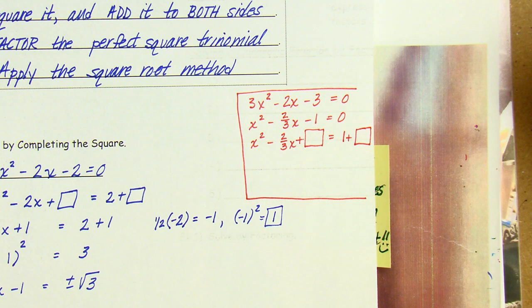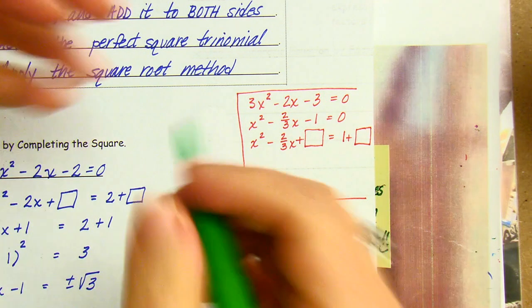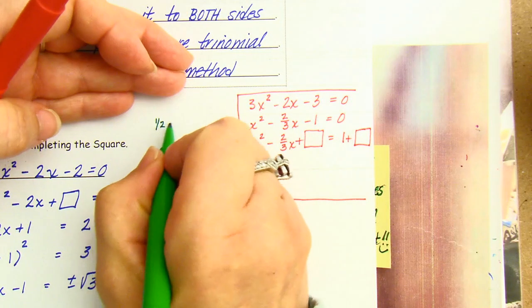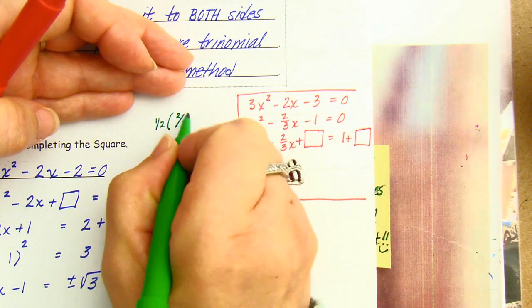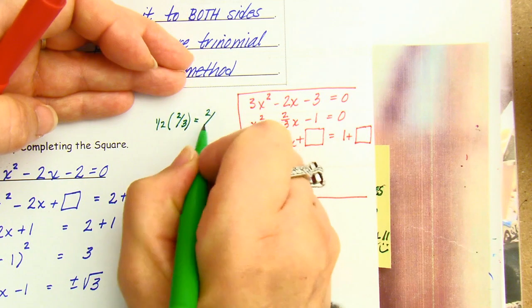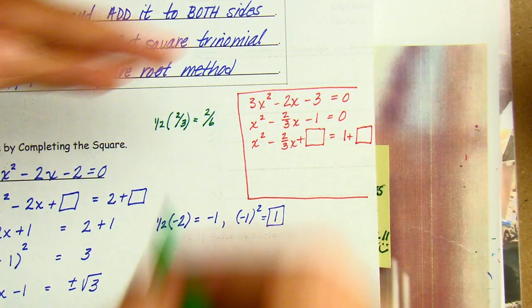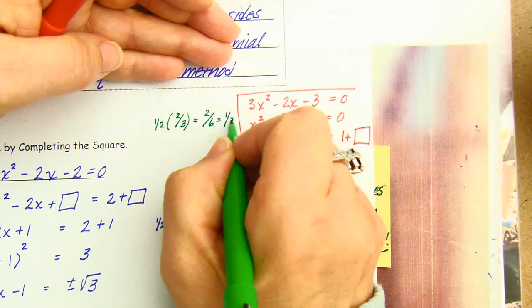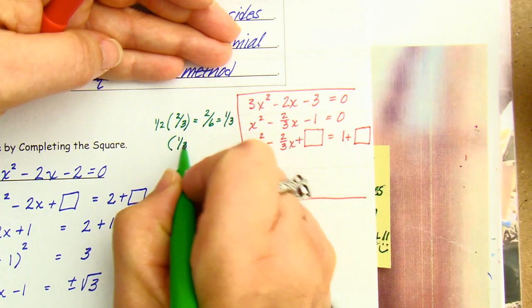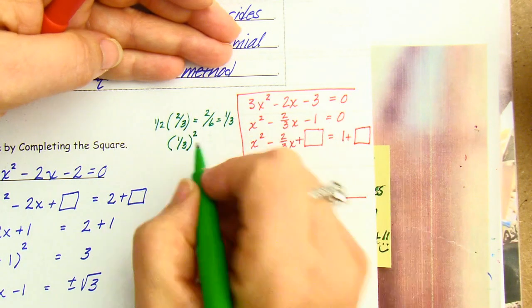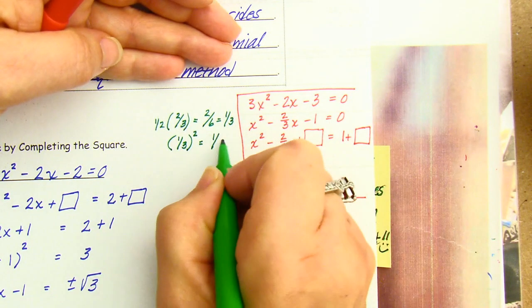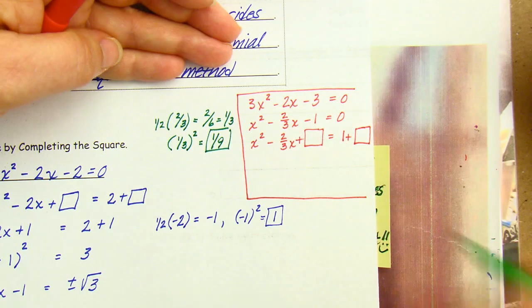And you can leave it like that, because you're going to square it. Let's write it over here. Half of 2/3 is 2/6. You could simplify it if you want to. 2/6 is 1/3. But you're not done, because you have to take 1/3 and square it. 1/3 squared is 1/9. This is the magic number that you're adding to both sides.